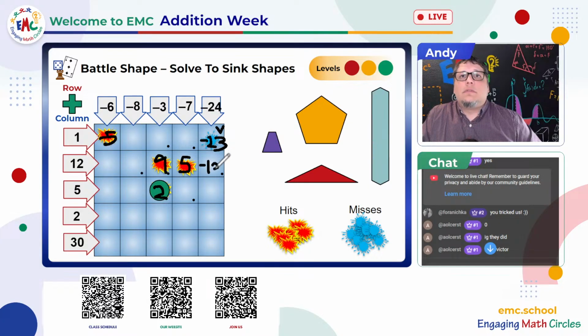And that's correct, because -24 consists of 2 positive 12s. Exactly, just like your 6 example. It was 2 6s that made 12, and we were taking away a -6, or adding a -6. -12 is correct, and a hit. Not a sink yet, though.